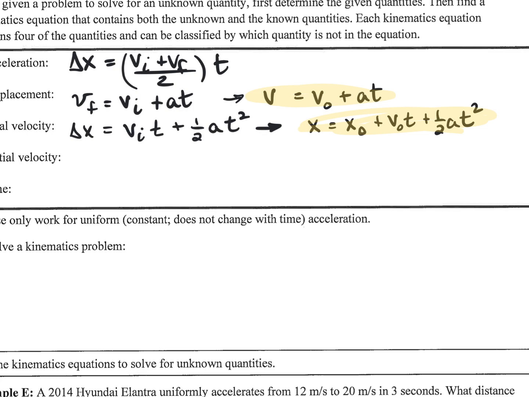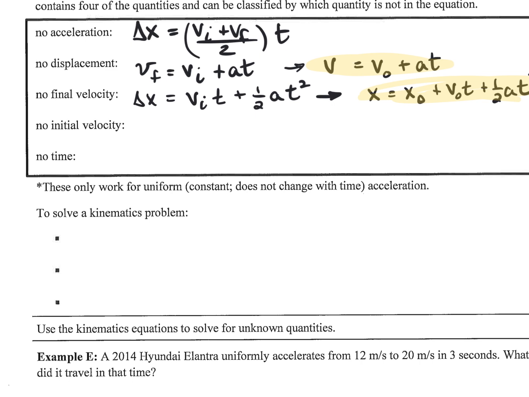All right, so what's the next one? No initial velocity. That's fine. We could do delta x equals V final t minus 1/2 AT squared.